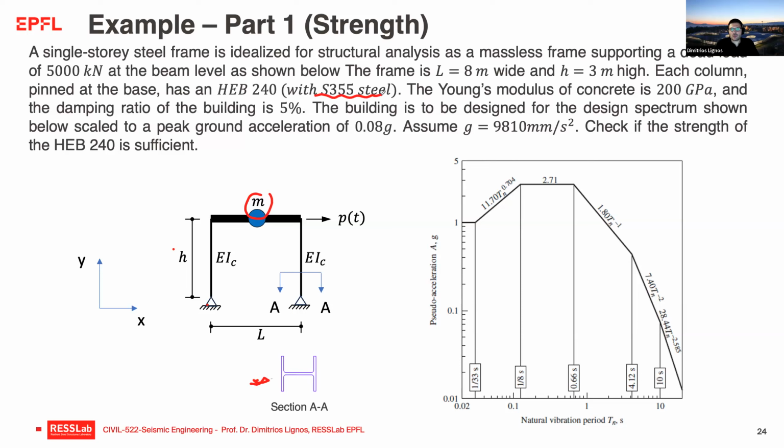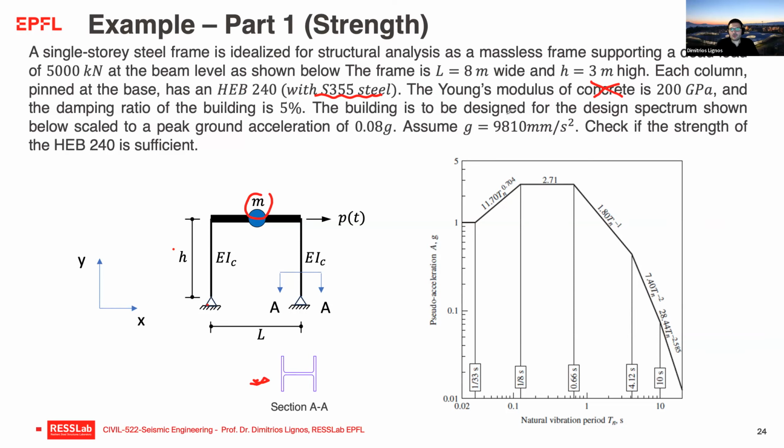Notice that I'm using S355 steel, so that means that I have a yield strength of 355 megapascals. The Young's modulus for my calculations is basically 200 gigapascal. Here, this is a typo, I'm sorry about this. So the Young's modulus of steel, in this case, is 200 gigapascal, and the damping ratio of the building I consider to be 5%.